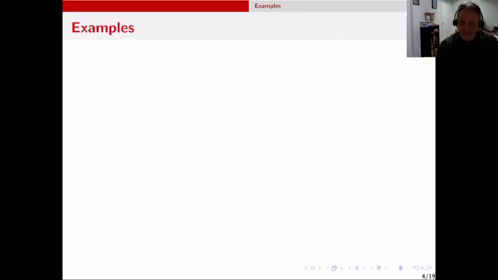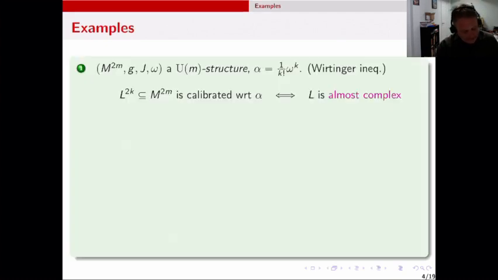Let's look at some examples, and in fact all the important examples that we're going to talk about in this talk. They're the following. So first of all, we can have an even dimensional Riemannian manifold with a metric and a compatible almost complex structure. That means J is an endomorphism of the tangent bundle that squares to minus the identity, and it's orthogonal with respect to the metric.